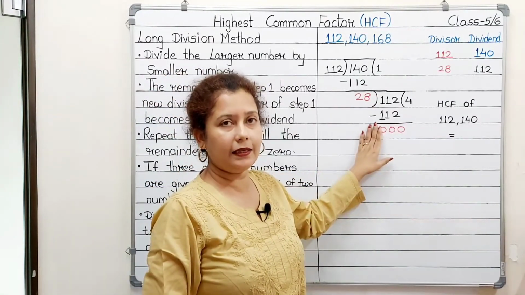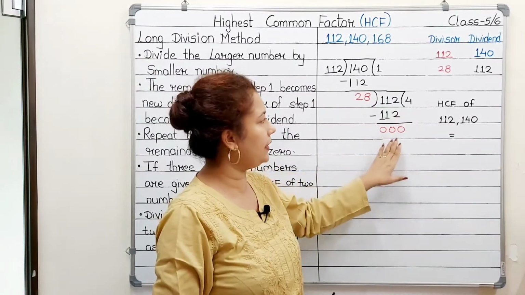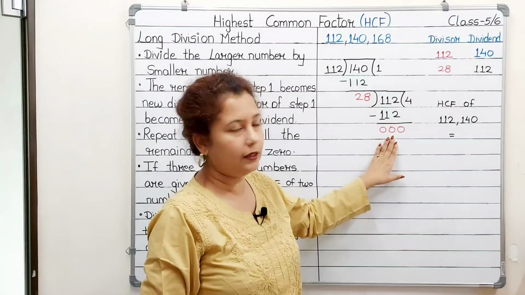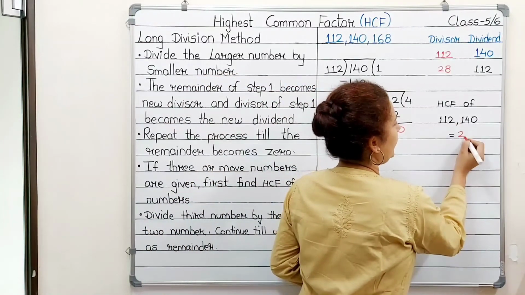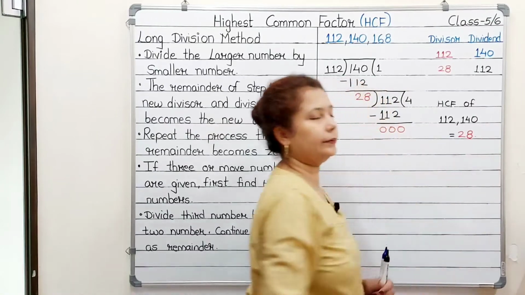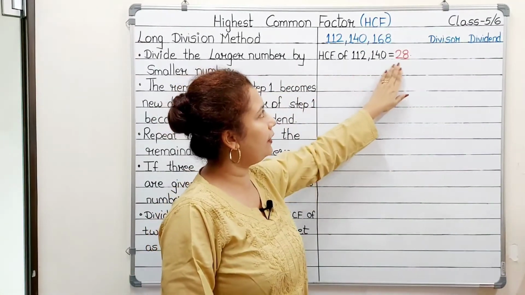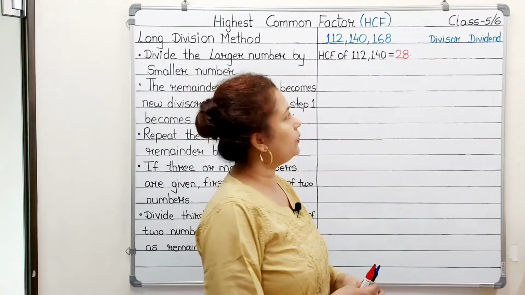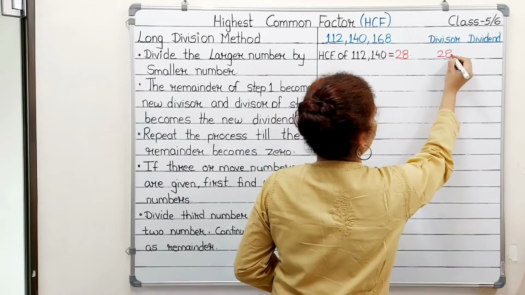When we divide 112 by 28, we get 4 as the quotient and 0 as the remainder. So here 28 is the HCF of 112 and 140. Now we know that HCF of 112 and 140 is 28. So here 28 will be the divisor.